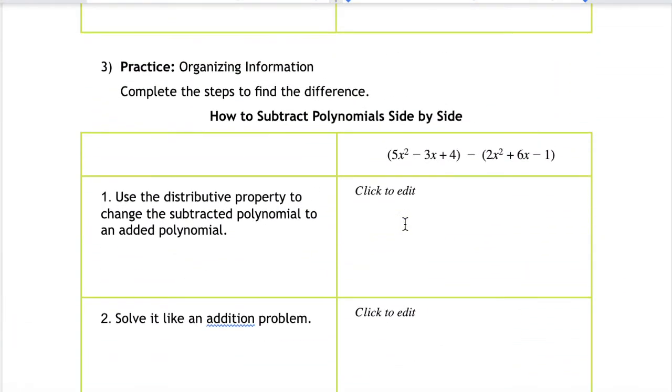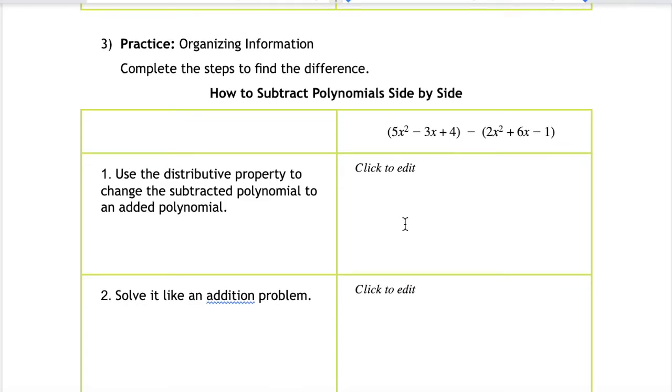But just like how we can add polynomials vertically or horizontally, we can do the same thing with subtracting polynomials too. However, whenever we subtract polynomials, we require one additional step. So whenever we're subtracting polynomials, we want to imagine that there's a -1 right in front of our subtracted polynomial, like right over there. So actually, let me write this out over here.